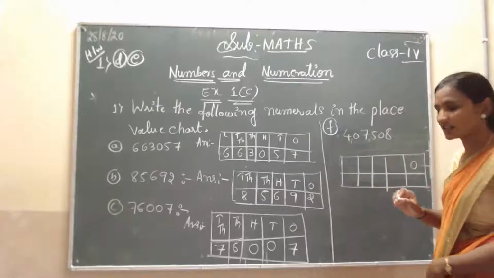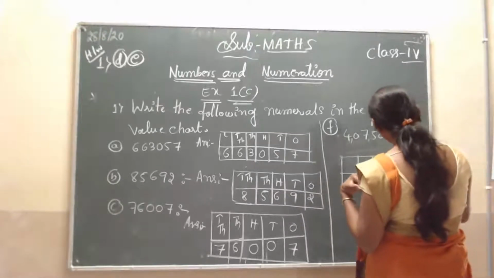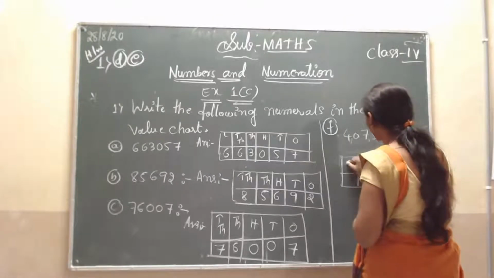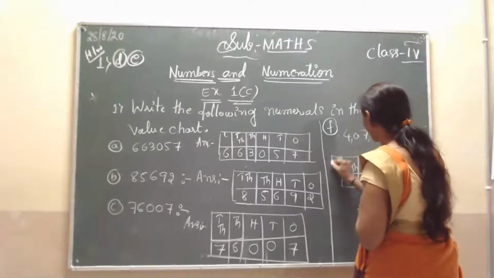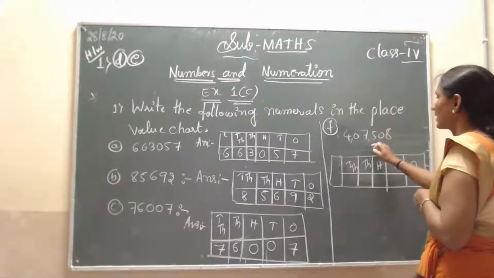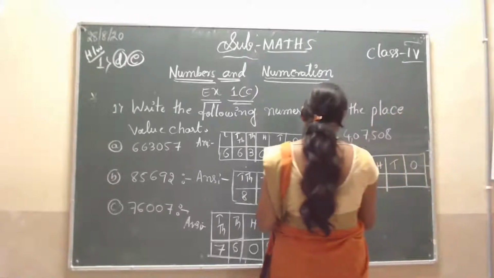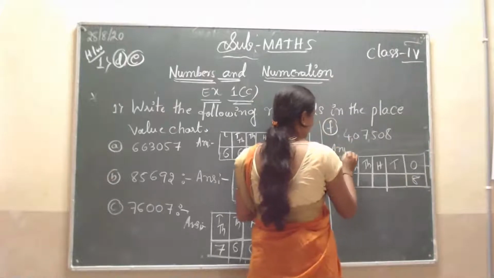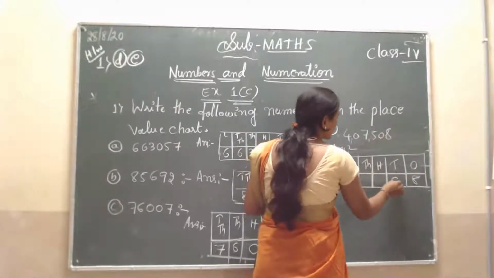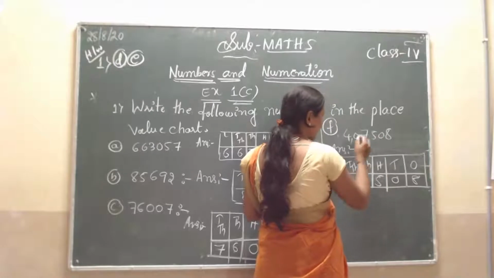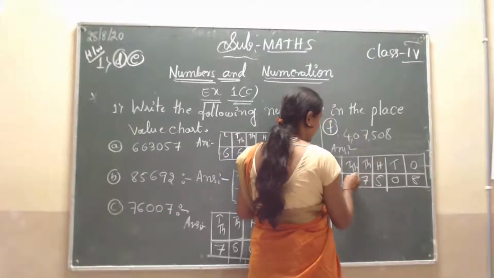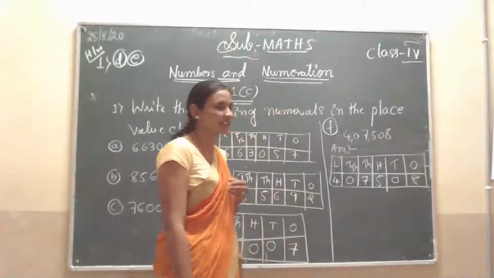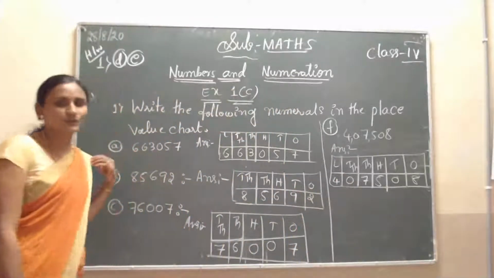The first is ones, second is tens, hundreds, thousands, ten thousands, and lakh. So 8 is the ones, 0 is tens, 5 is the hundreds place, 7 is the thousands place, 0 is the ten thousands place, 4 is the lakh place. So this is the place value chart.